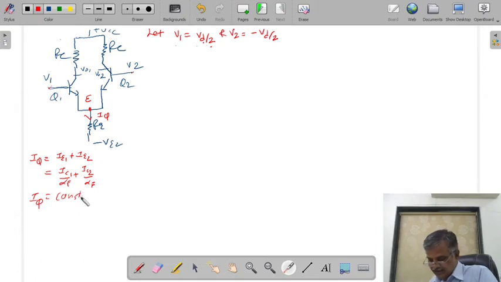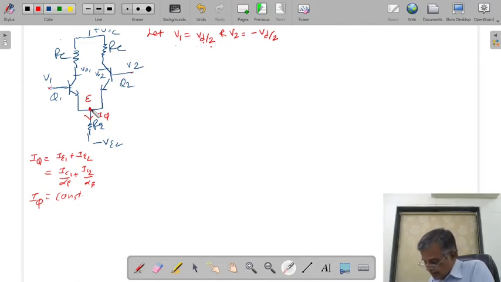Due to this reason, the potential at this point, the E point, does not change. It remains constant. So you can consider this potential as a zero potential.